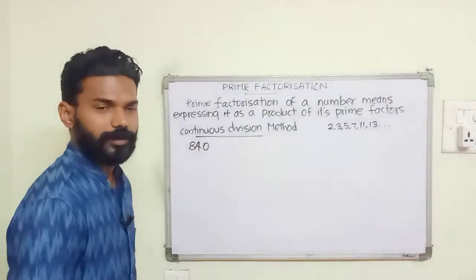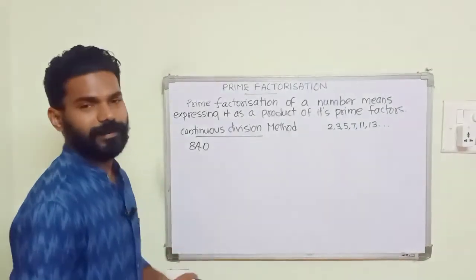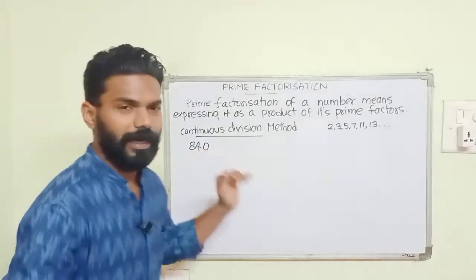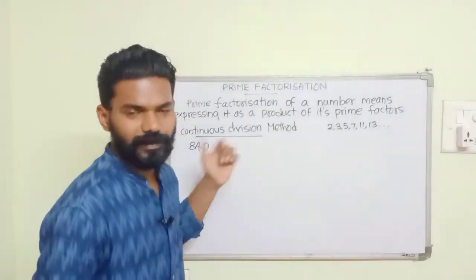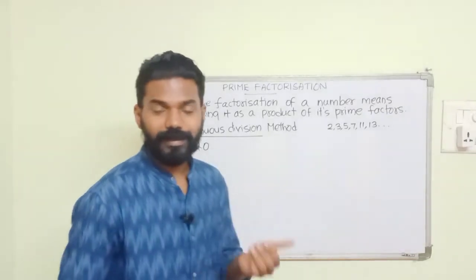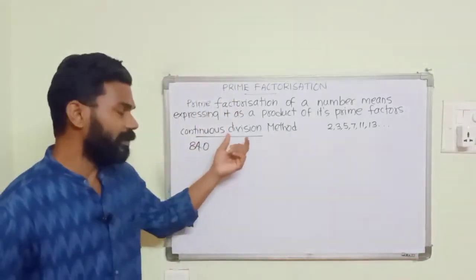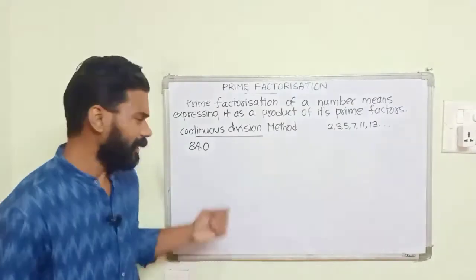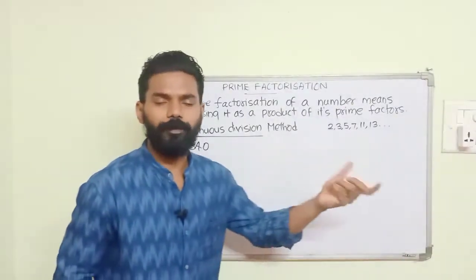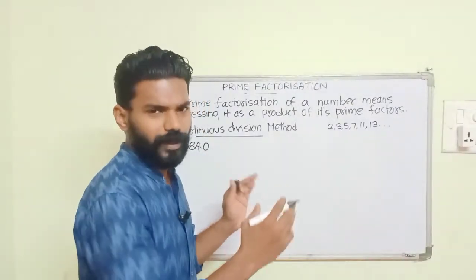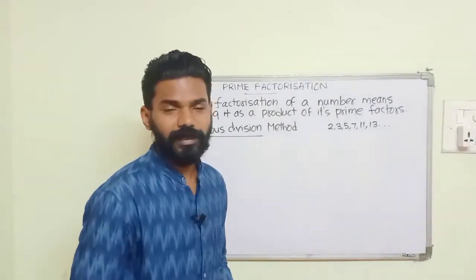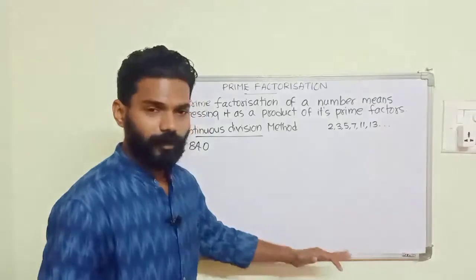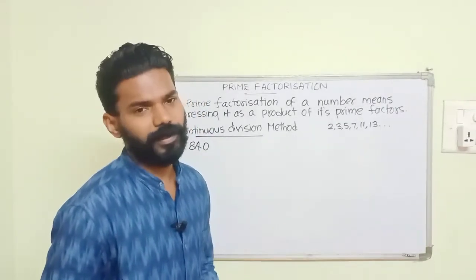We are going to do the prime factorization of this number 840, and we are choosing the continuous division method. The reason why we choose the continuous division method here is that 840 is a bigger number. When we do the prime factorization using a factor tree, it would require a lot of space and it may be difficult too.